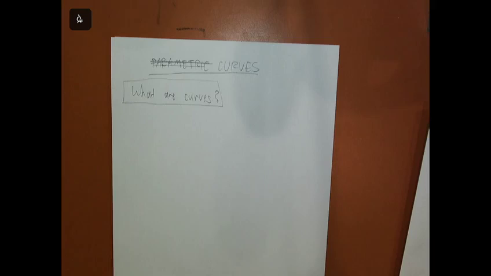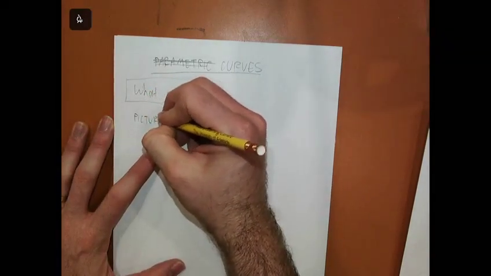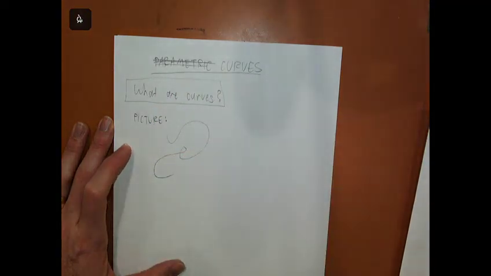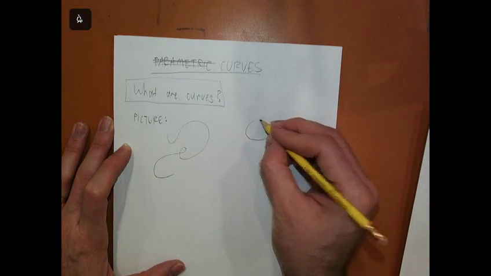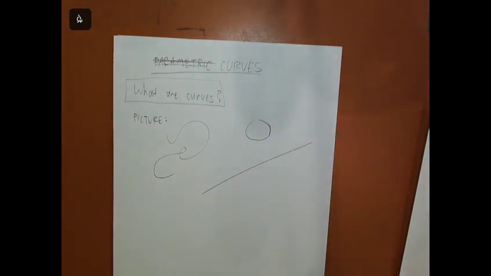The easiest way to get a handle on what curves are is to draw a picture of them. So, here we go. Picture something like that, or something like that. It could join up to itself, or it could be straight. Curves, in a way, are pictures that can be drawn with a pencil or a pen without lifting your pen off the page.